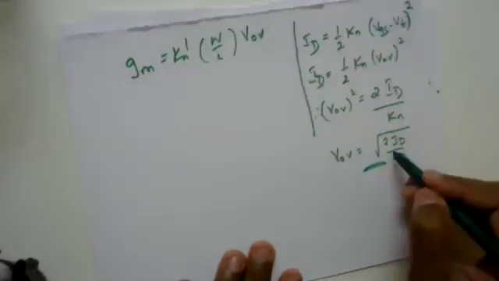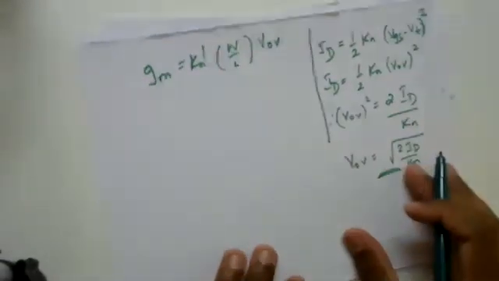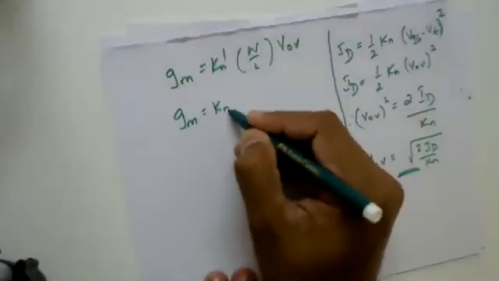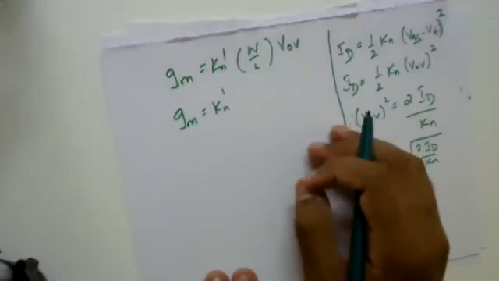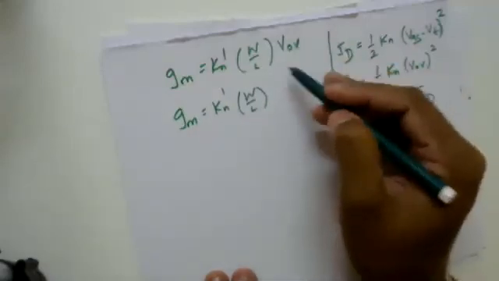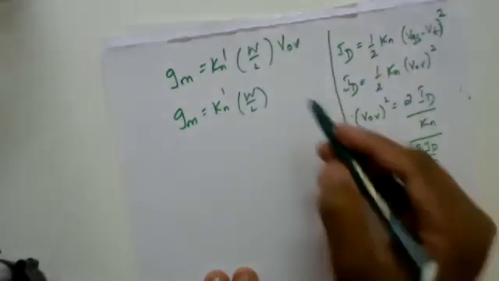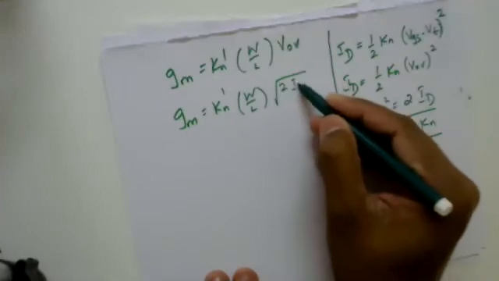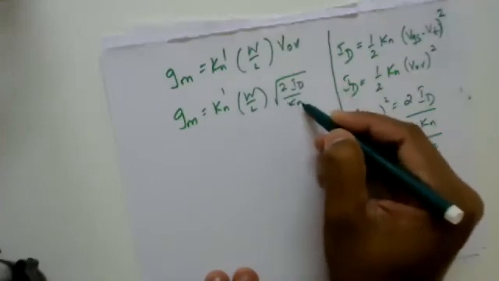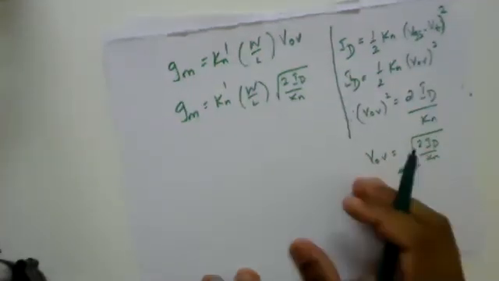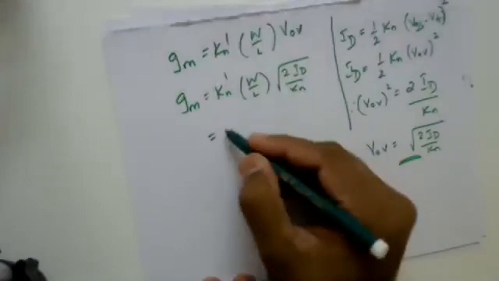So this expression I'm going to put into my equation for Gm. So Gm will be equal to Kn dash W by L, and this VOV I can write as square root of 2 times ID divided by Kn. Further, this expression can be reduced.